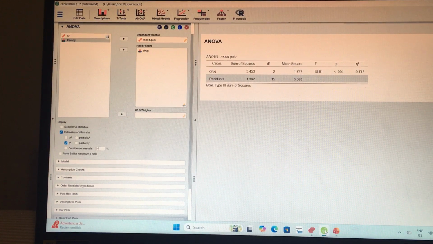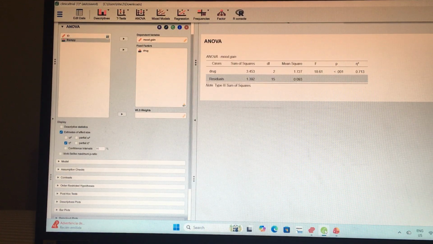So the interpretation of the eta squared of 0.71, or 0.713, is straightforward. It just refers to the proportion of the variability in the outcome variable, mood gain, that can be explained in terms of the predictor, which is the drug given.